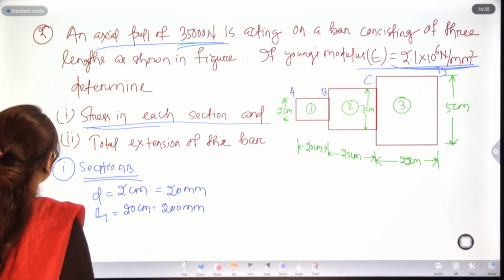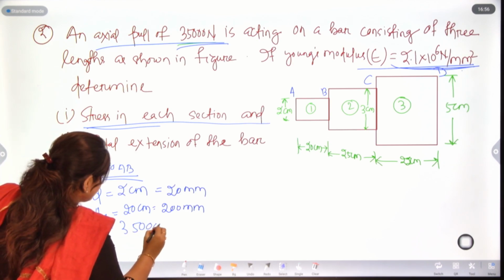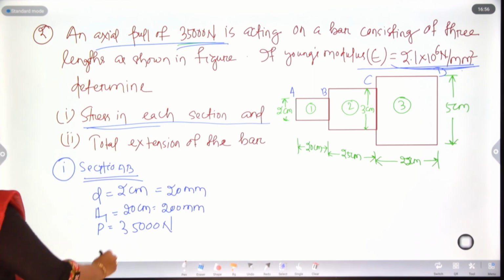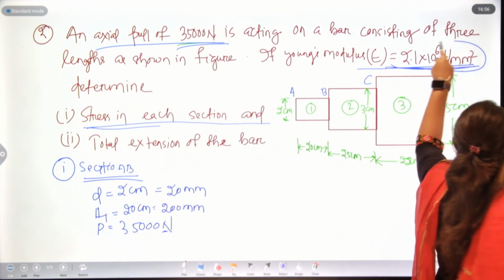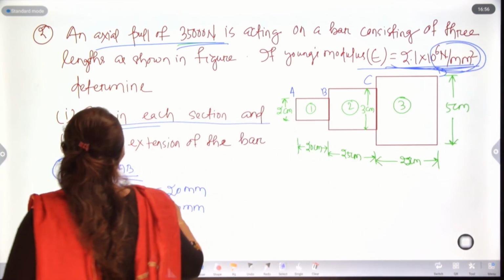Here P is equal to 35,000 Newton. We don't need to convert this, as Young's modulus is in Newton per mm square.